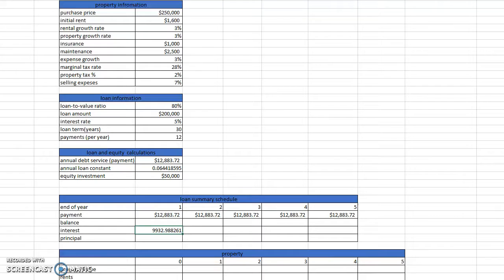We can take and lock in these numbers so we can then drag it across and edit it for the following years.